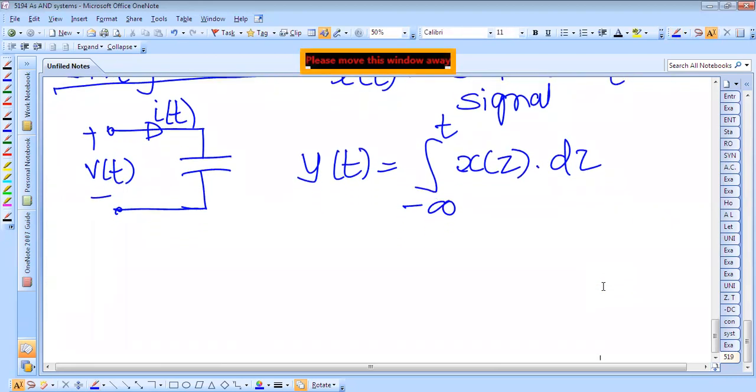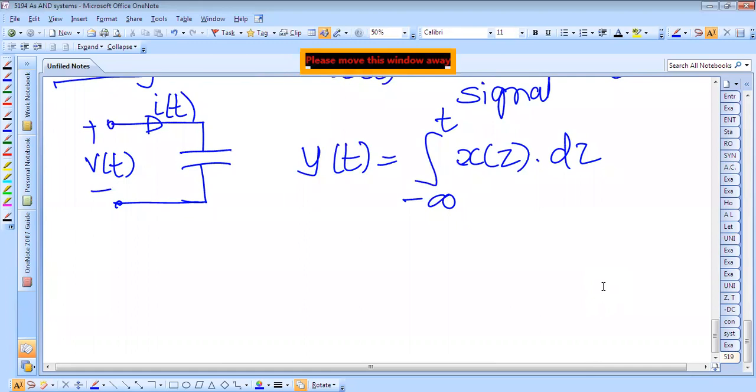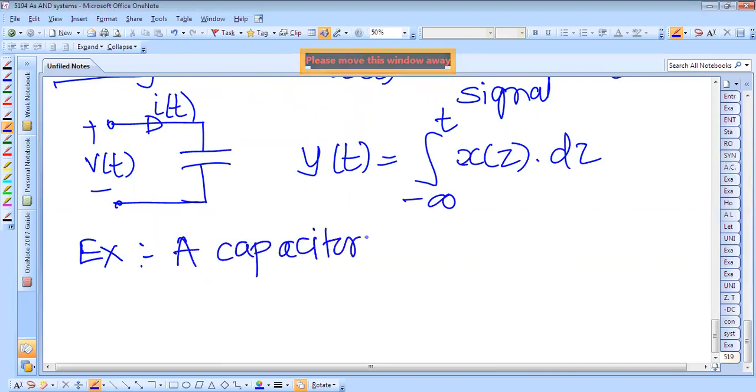And an example of integration is the capacitor. The capacitor performs integration.